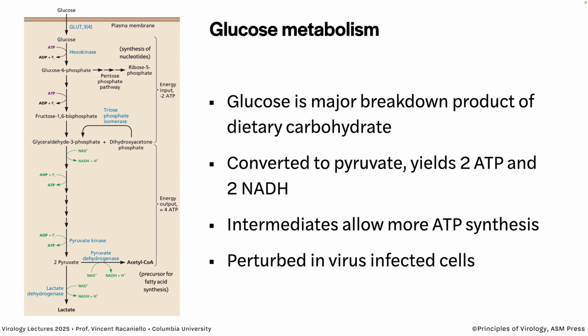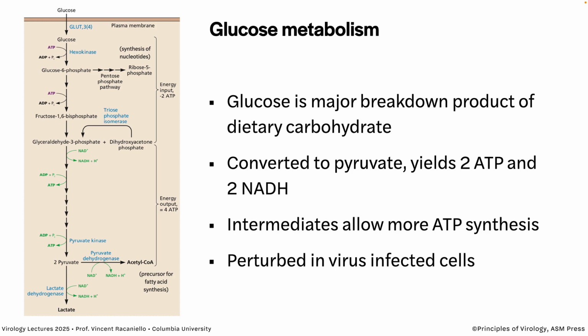So in addition to the ATP and the NADH that are used for energy, you can also take glucose 6-phosphate and move it off to the pentose phosphate pathway. And this can be used to make nucleotides, right? You need a ribose in every base, so that's where that ribose is coming from.